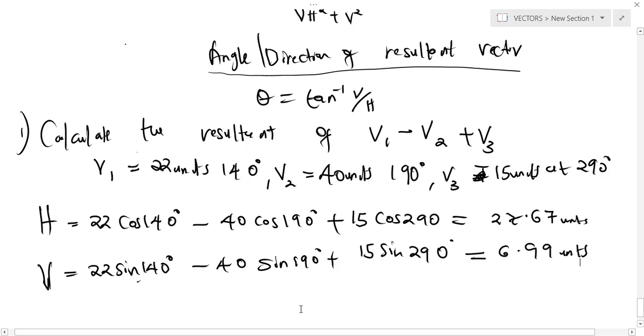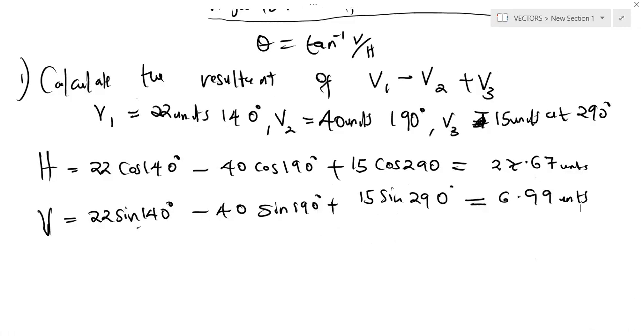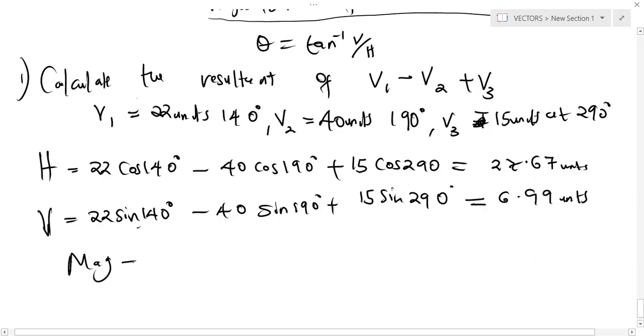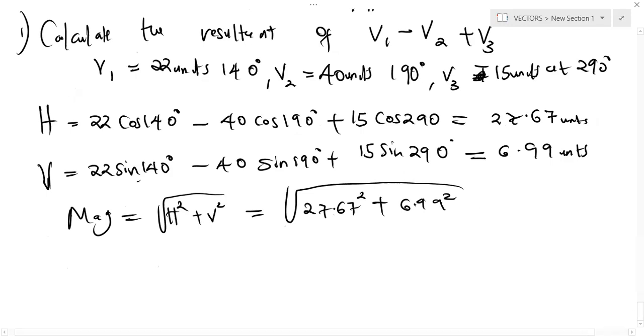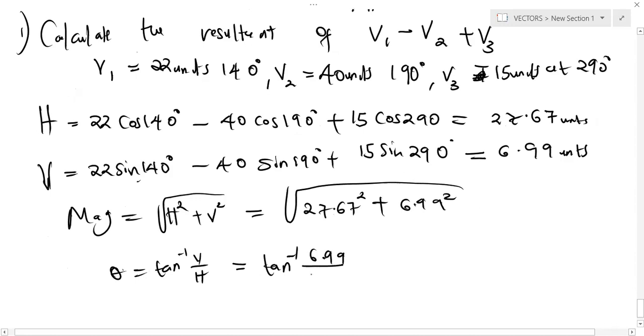Now for the magnitude and direction of the resultant vector, the magnitude is the square root of h squared plus v squared, which is the square root of 27.67 squared plus 6.99 squared. And the direction, our angle theta, which is tan inverse of v over h, will be tan inverse of 6.99 over 27.67.